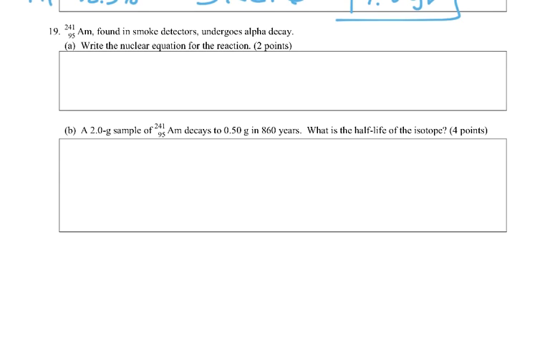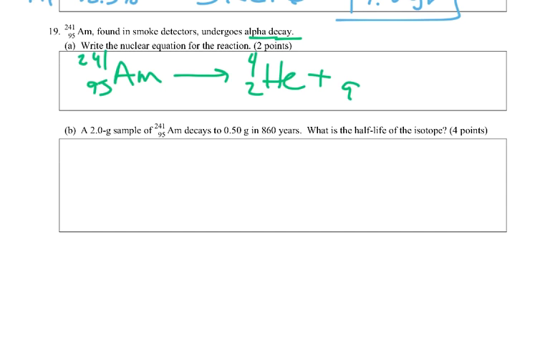Okay, for 19, americium-241 is found in smoke detectors. It goes through alpha decay, so write a formula for that. So here's americium-241 over 95. It goes through alpha decay. So alpha decay means it's on the right side, the decay part, and alpha is 4 over 2. So we just do the numbers.